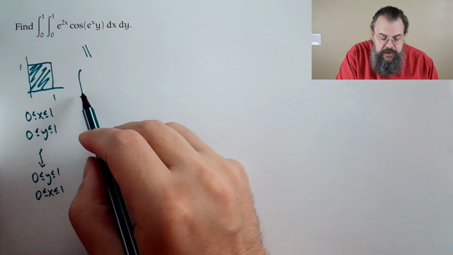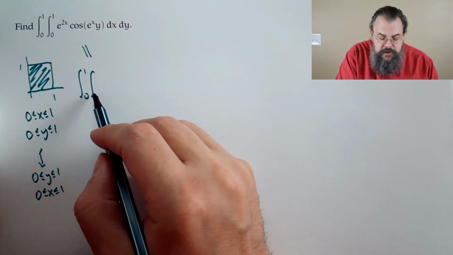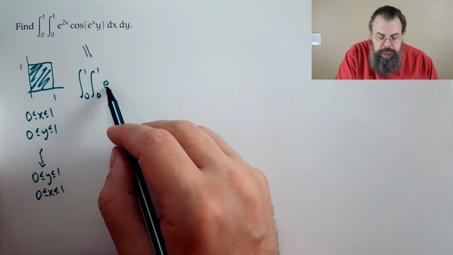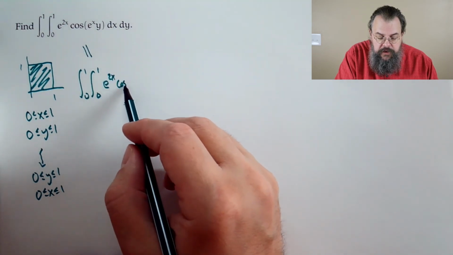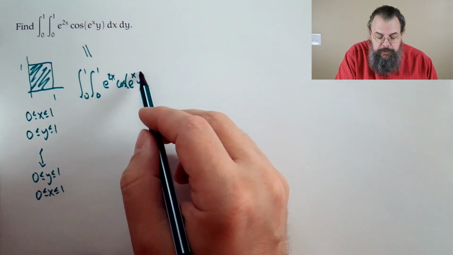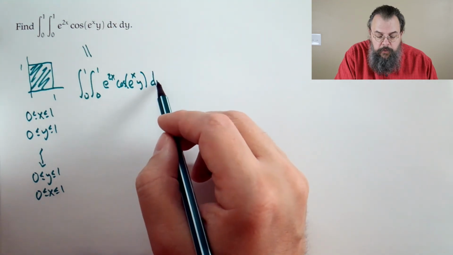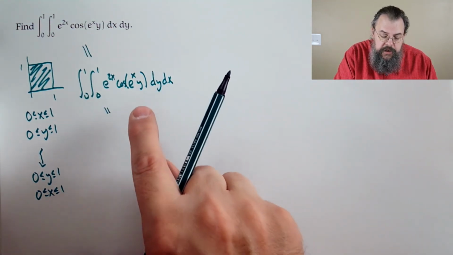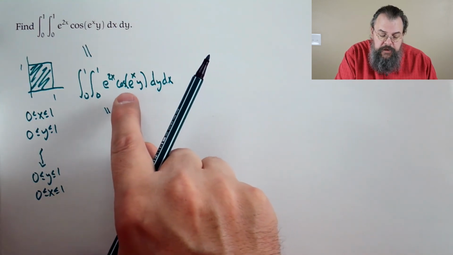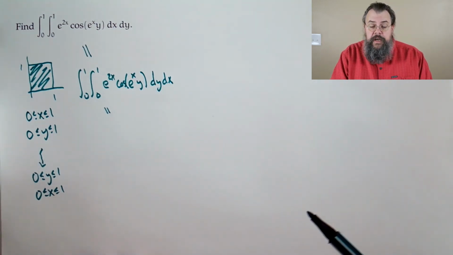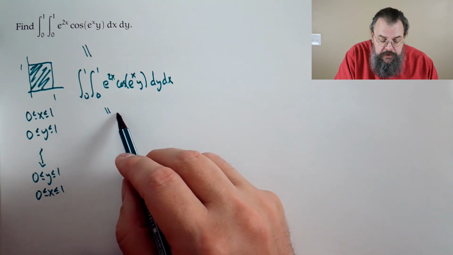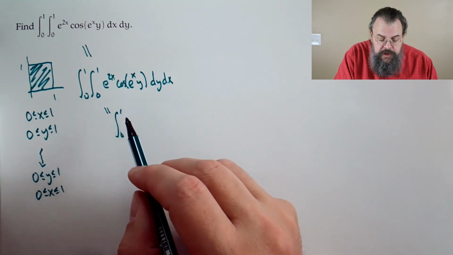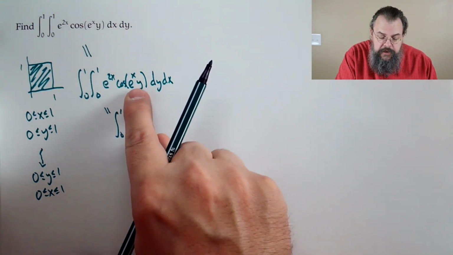So we still have 0, 1, 0, 1, e to the 2x, cosine of e to the x times y, dy dx. Well, when we integrate here, there's only one y. The integral of cosine will be sine. But we have to be a little bit careful here because of that e to the x.